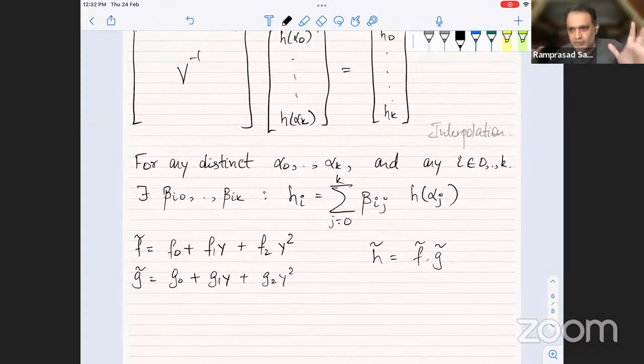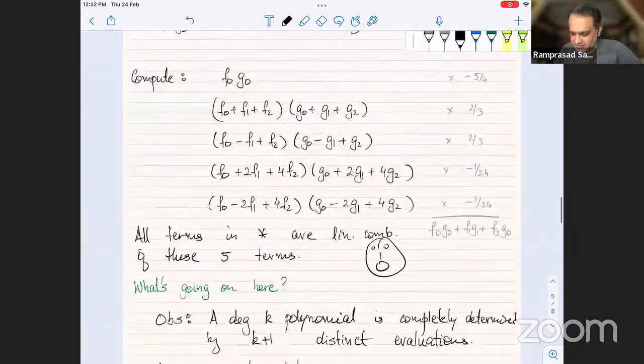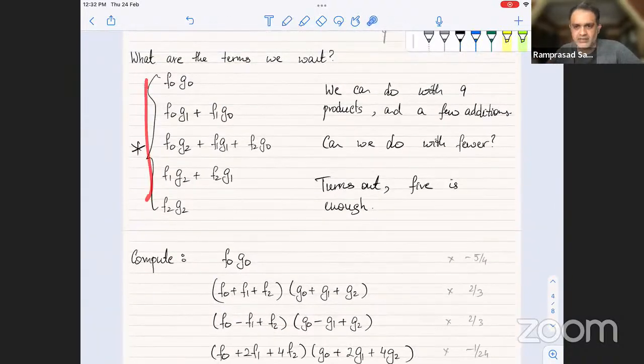I want all the 5 coefficients of h tilde. Okay, so we want all 5 coefficients of h tilde, because those are the 5 terms that we were looking for. Is it okay so far? I hope until this point we're not doing anything fancy.